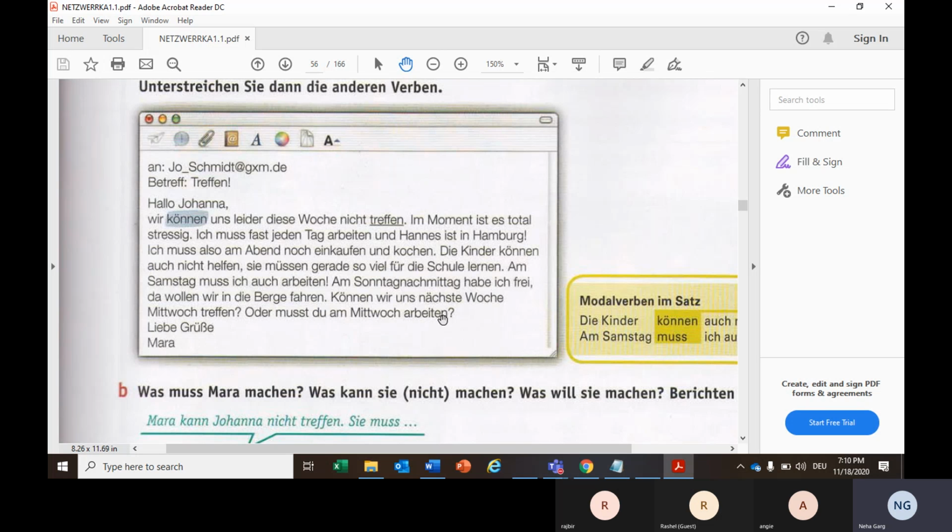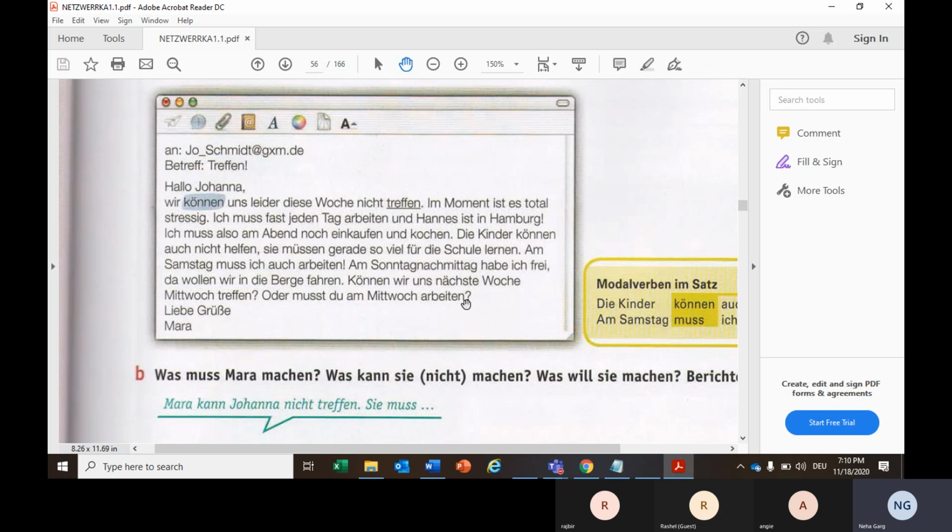Können wir uns nächste Woche Mittwoch treffen? Can we meet each other next week on which day? Mittwoch bedeutet Wednesday. Yep. So can we meet each other next week Wednesday? Oder musst du am Mittwoch arbeiten? Or do you have to work on this particular day Wednesday? Liebe Grüße, Mara. Lots of love, Mara.